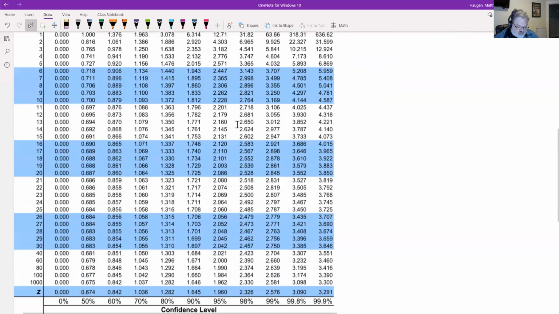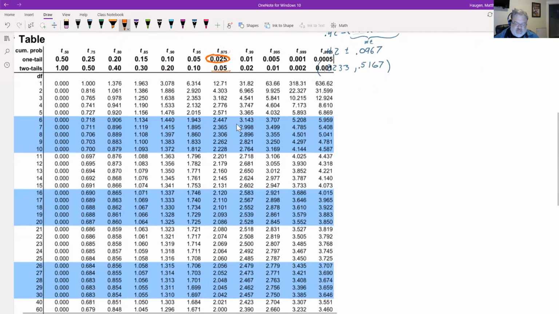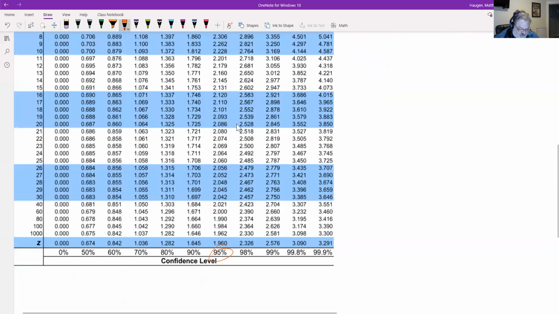I don't know about the one in your textbook, but this one's nice. It has the confidence levels at the bottom. It's like it knows that this is a bear of a thing to do. Now, you might notice also at the bottom, it lists those z-scores. That 1.96 is what we associate with a 95%.